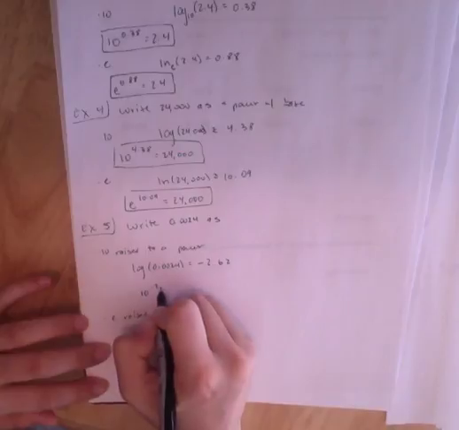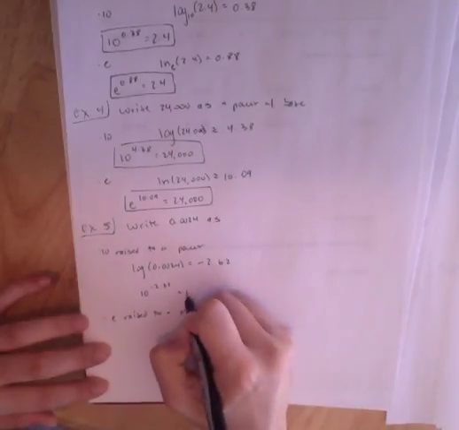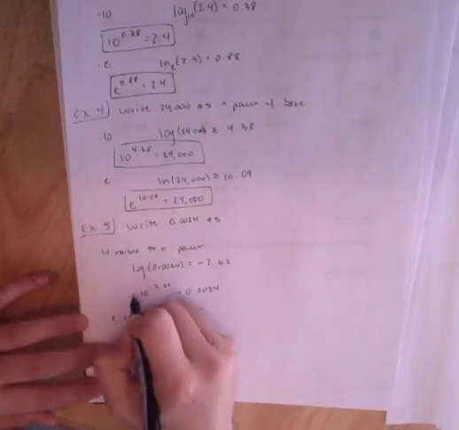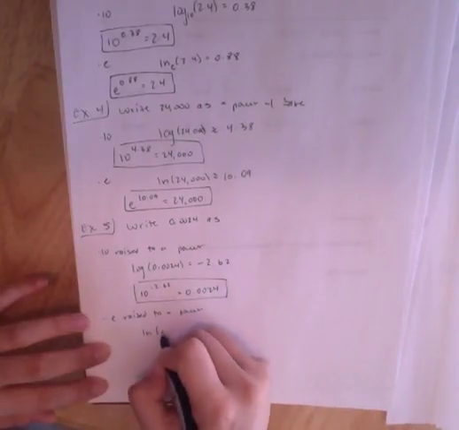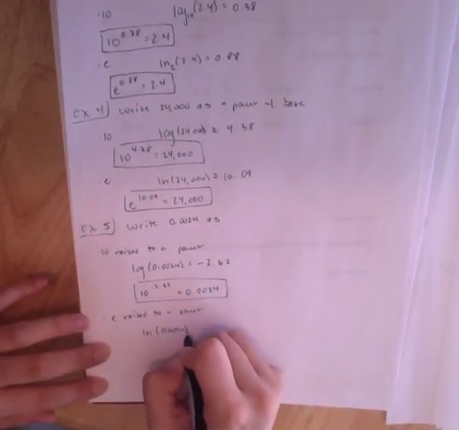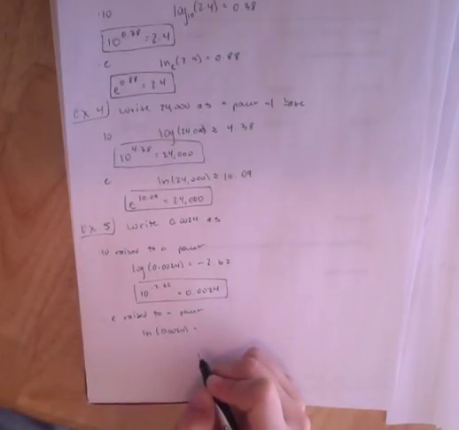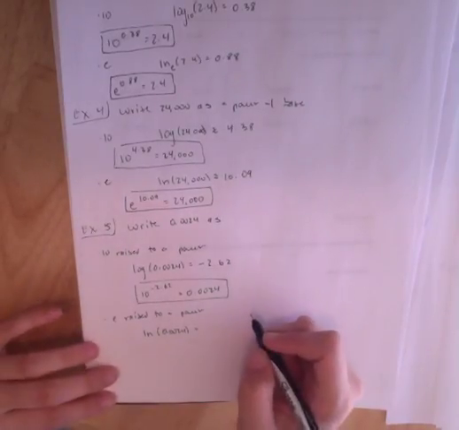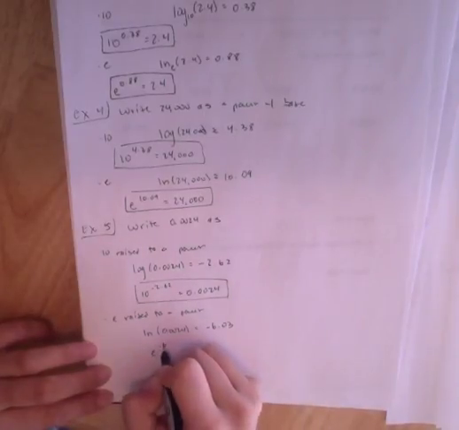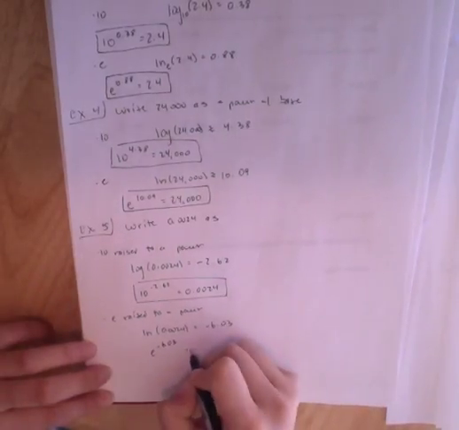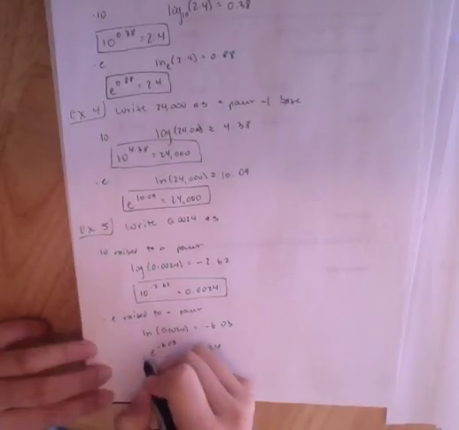So I have 10 to the negative 2.62 gives me 0.0024. And the natural log of 0.0024 gives me negative 6.03. So I have e to the negative 6.03 equals 0.0024.